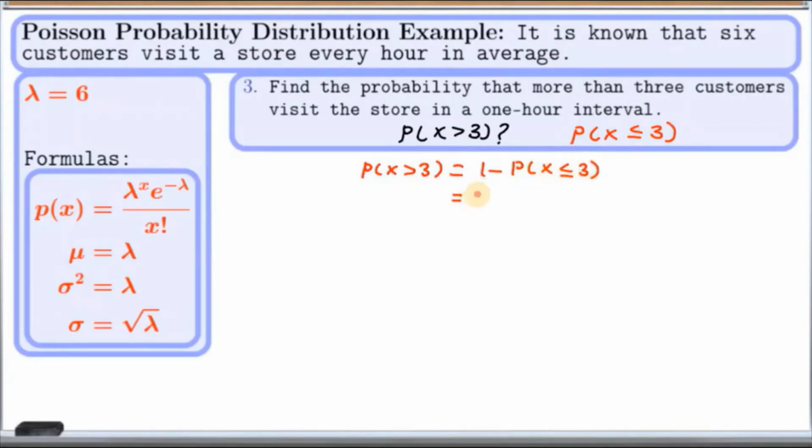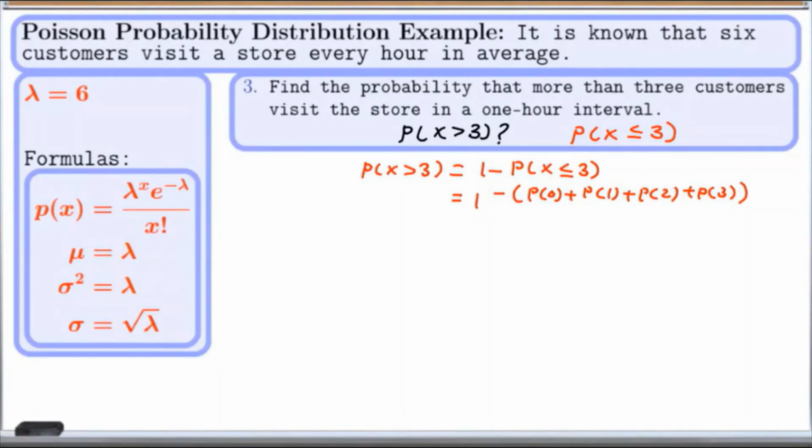So for this, we can also write probability of 0 plus probability of 1 plus probability of 2 plus probability of 3. Now, using this formula here, we can find all these probabilities. So that means probability of 0, 1, 2, and 3.